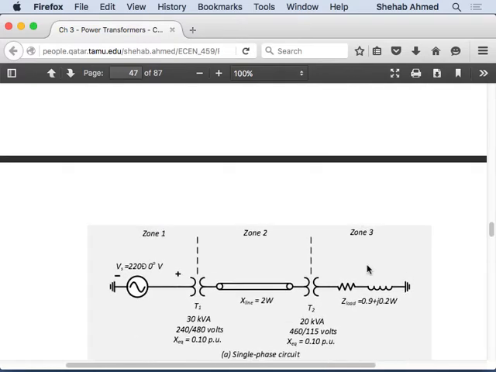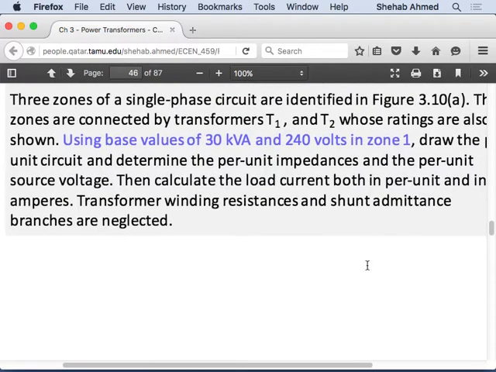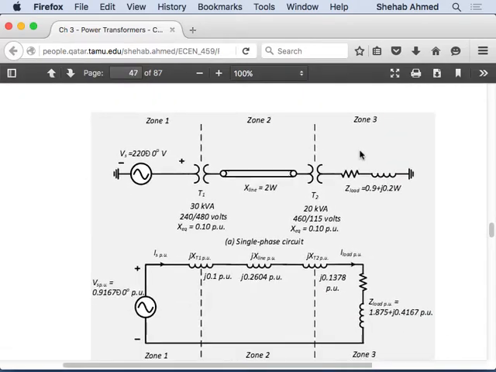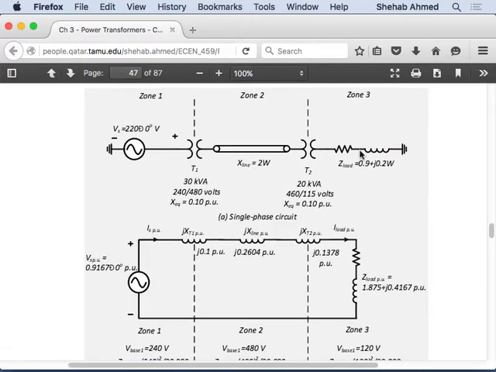The load, I guess, is a given. Did they give us the load? Yeah, I guess they give. They didn't write it up in the storyboard, but basically you're given a load in actual values. This is an impedance in actual values. So they mix things up. So they give you an impedance in actual values for this.